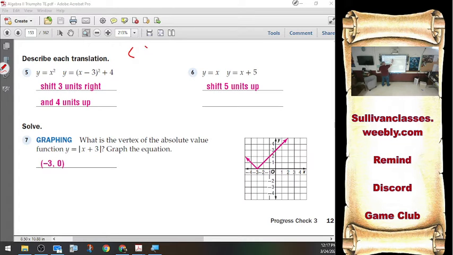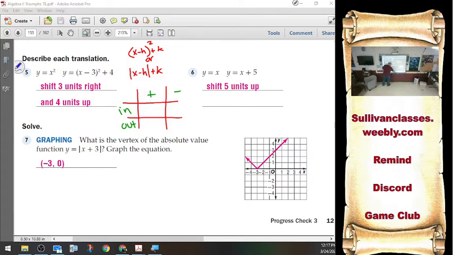Whether it's x minus h plus k, where this is squared, or x minus h in absolute value land plus k, no matter what, the idea was if something is positive or negative, if it's inside or outside the parentheses or brackets: if it's in the parentheses, it's bass-backwards land.